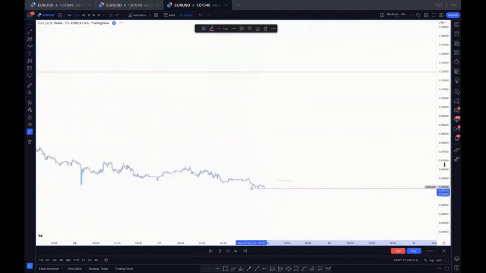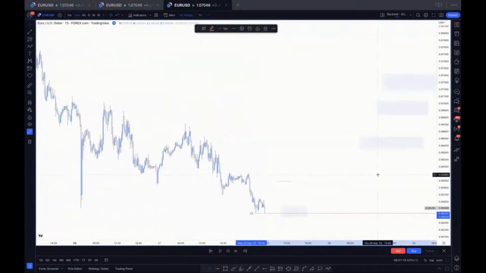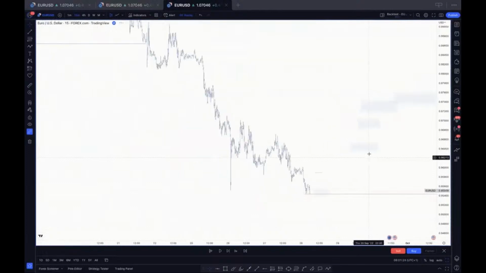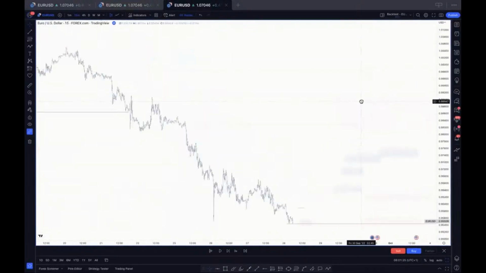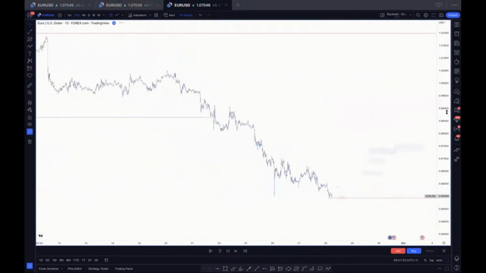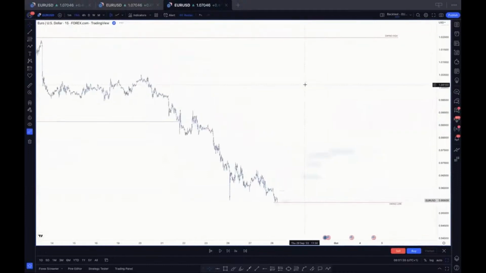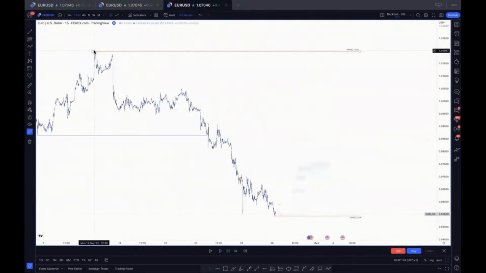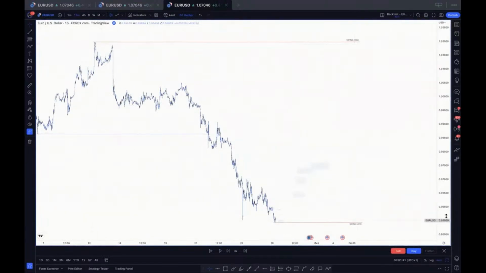So let's go to 15 minutes. Okay, so good, cool. We can now see that our 15 minute structure is this. Let's see the high. Good. You can see on the 4R, it looked like a very small movement, but on the 15 minutes, that's a very large movement. That's quite large. So anyways, let's just have that in mind, right?